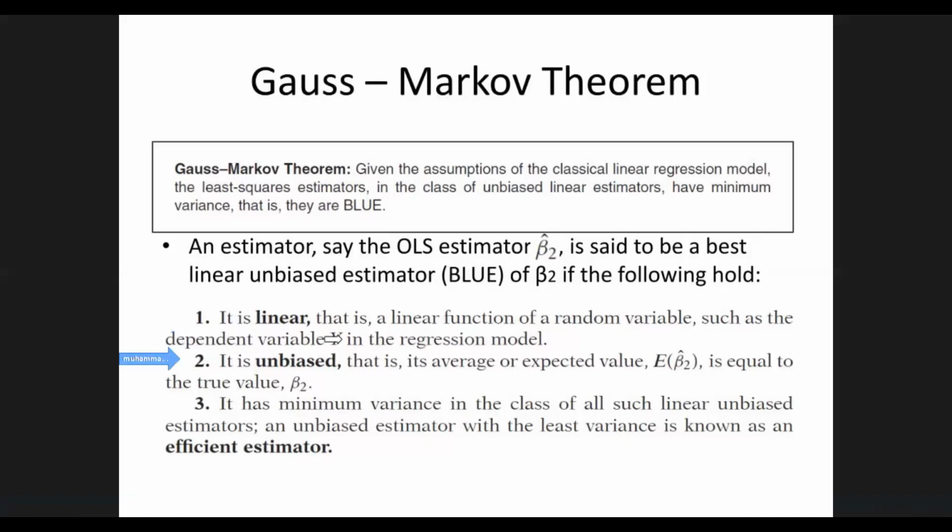In the second case, they will be unbiased, that is, expected value of beta 2 hat will be equal to beta 2, and expected value of beta 1 hat will be equal to beta 1. And in the third one, variances of beta 1 hat and beta 2 hat will be minimum, or we can say that they will be efficient estimators. What is an efficient estimator? An efficient estimator is one having the minimum variance.